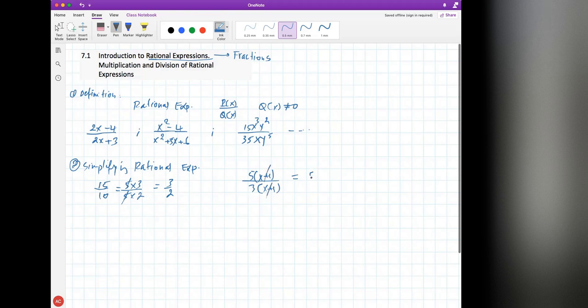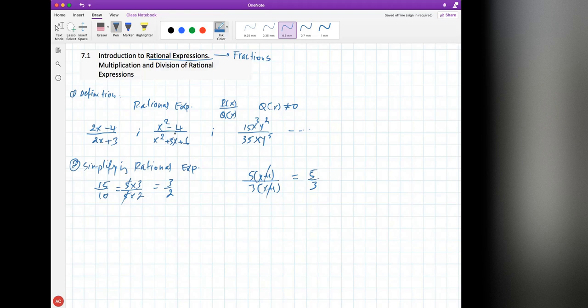We can cancel it out. And this turns into 5 over 3. So we'll reduce or we'll simplify expressions the same way we do with fractions. So again, everything that applies to regular fractions applies to rational expressions, including simplifying.